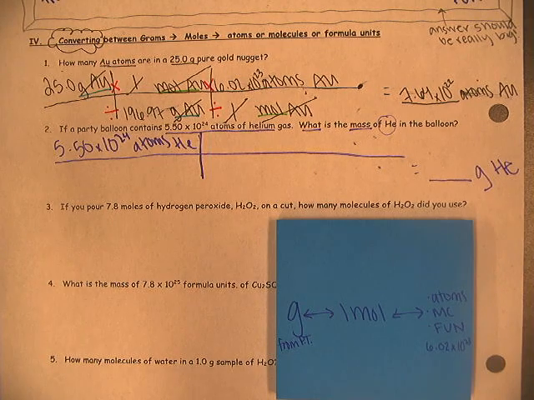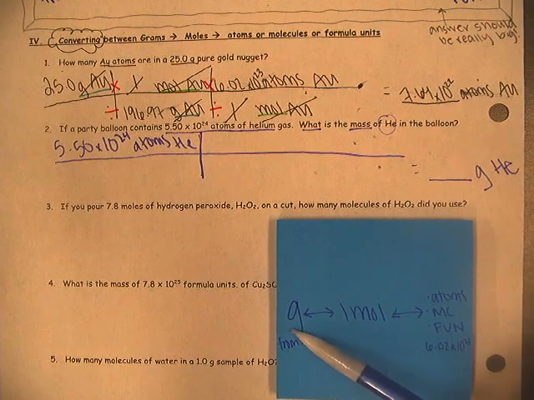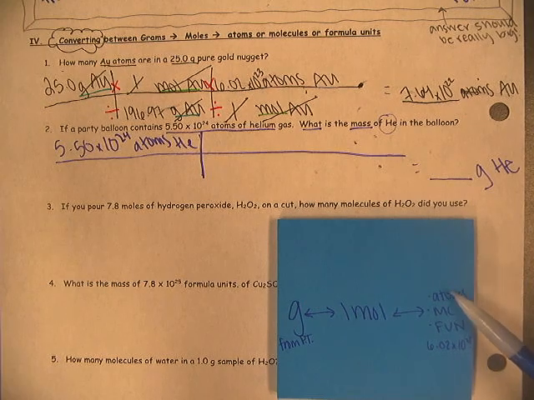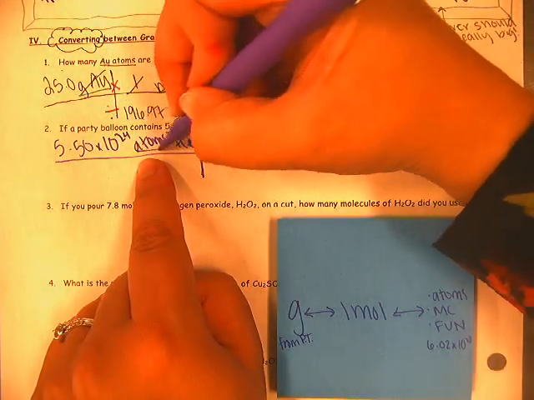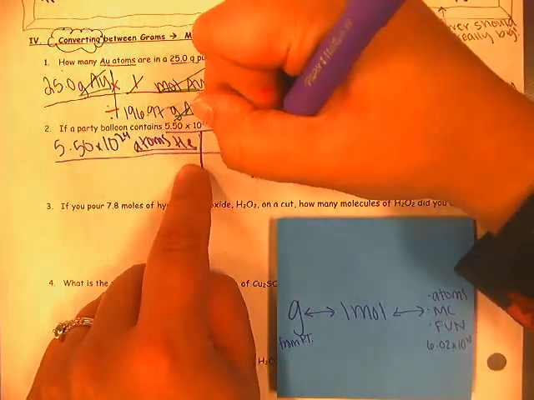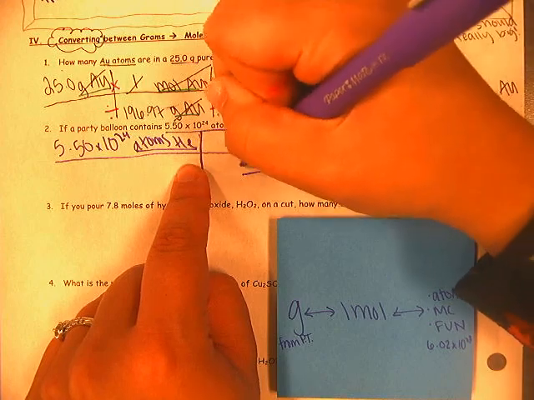So on our mole map, where we're starting is here in atoms. I'm trying to get to grams, but before I go to grams, what do I need to go to? Mole. So if I have atoms of helium up here, I bring atoms of helium to the bottom.